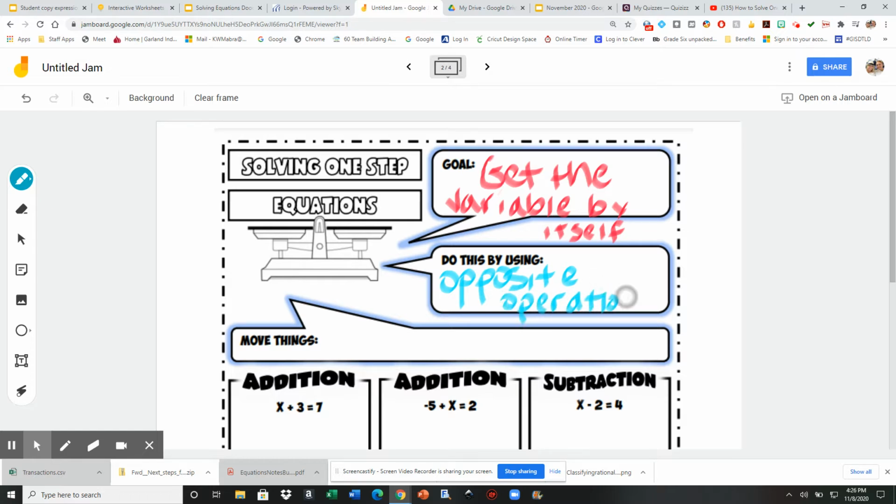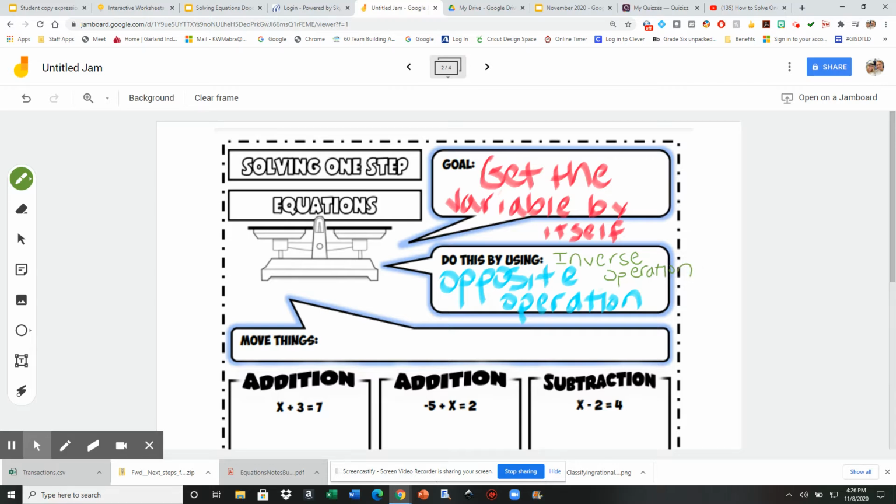Now that has a very special name that I need you to know. It's called the inverse operation. We're going to talk about inverse more than we will just say the opposite.